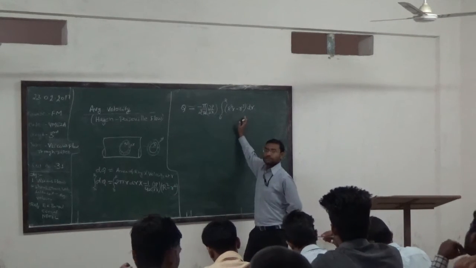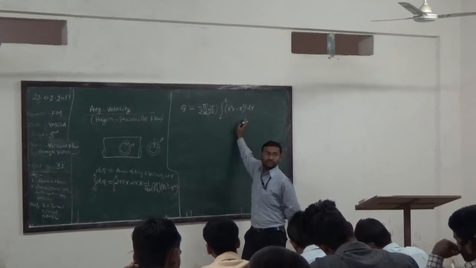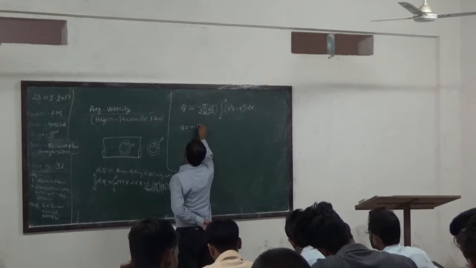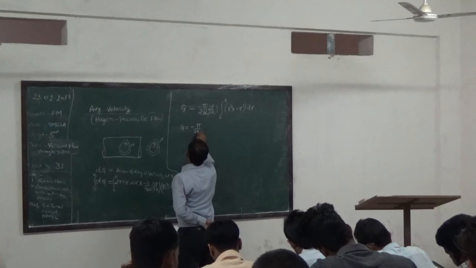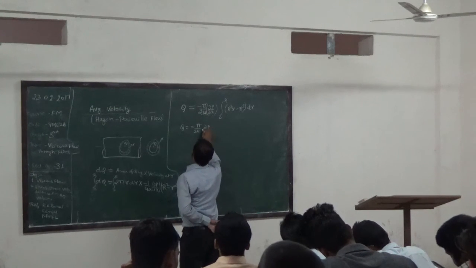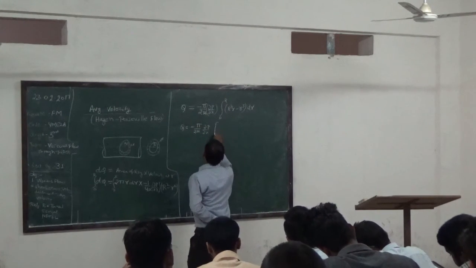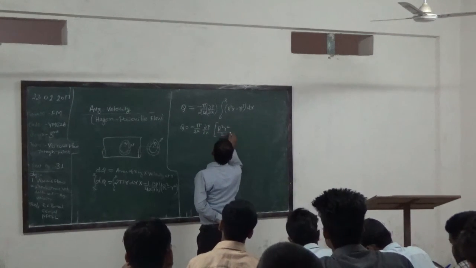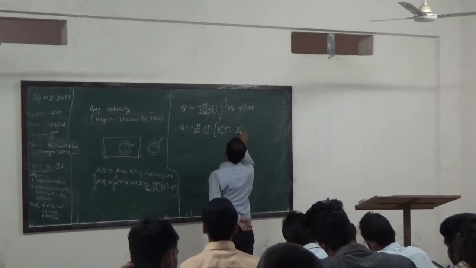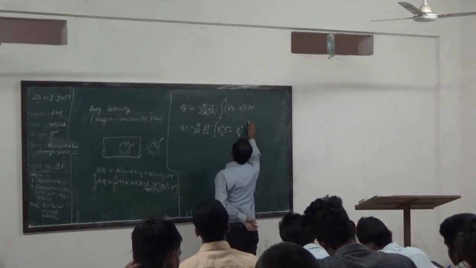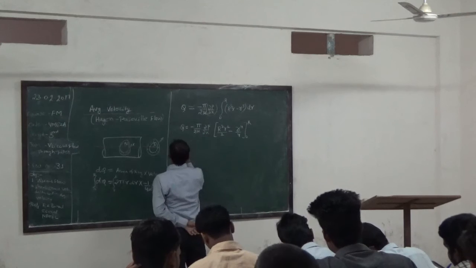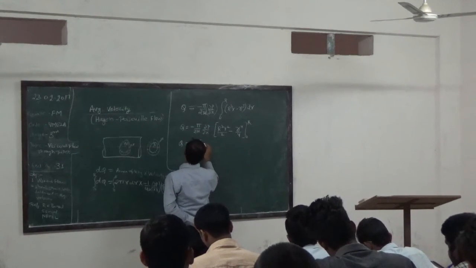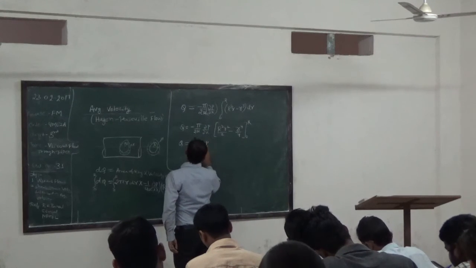Now integrate this. Q is equal to minus 2 mu del p by del x, just put the limits. So equation is reduced into minus pi by 2 mu del p by del x.